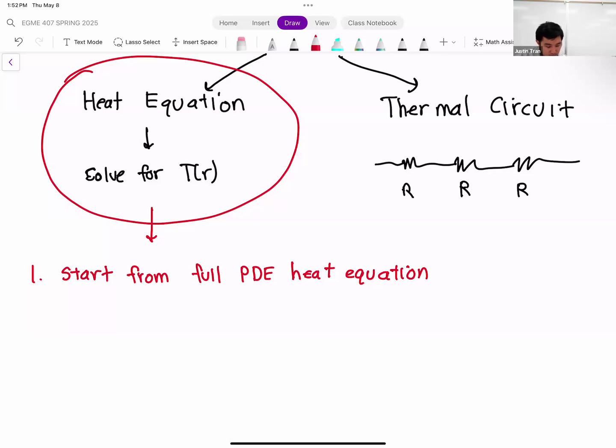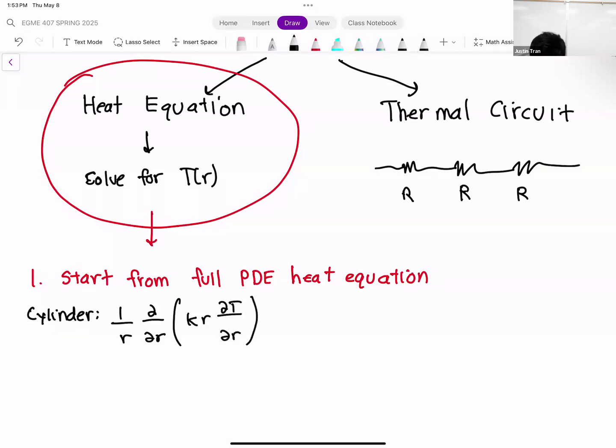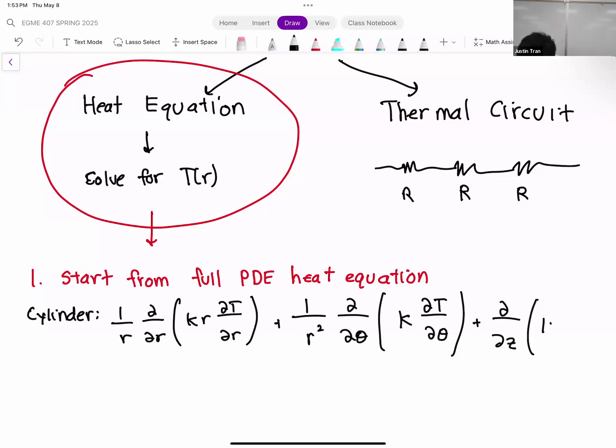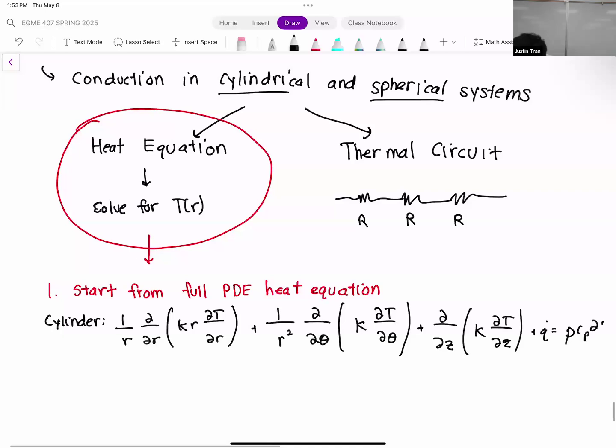So for the cylinder, the full heat equation in cylindrical coordinates looks like the following. 1 over r partial r of k r partial T partial r, plus 1 over r squared partial theta of k partial T partial theta, plus partial z of k partial T partial z, plus q dot is equal to rho c_p partial T partial t.